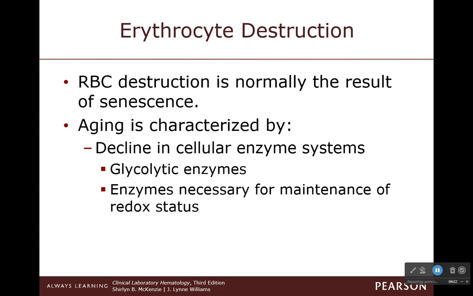A couple of different things. One of the big things is the decline in the cellular enzyme system. Remember we talked about how it still has to do respiration. That cell's doing anaerobic respiration, but all respiration requires enzymes. So we talked about the Embden-Meyerhof pathway. We talked a little bit about the hexose monophosphate shunt.